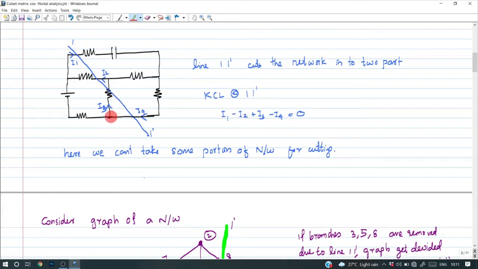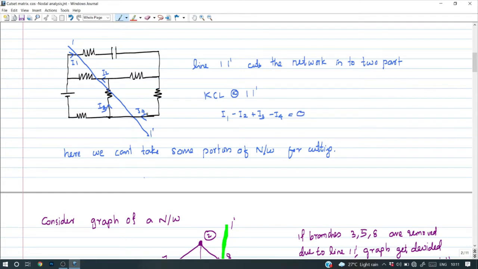And I3 again is moving from left to right towards this imaginary line, so it is positive, plus I3. And I4 is moving from right to left towards this line, so it is negative. So the KCL equation at 1, 1 dash is obtained as I1 minus I2 plus I3 minus I4 is equal to 0.